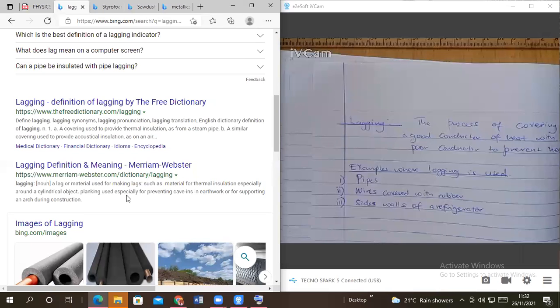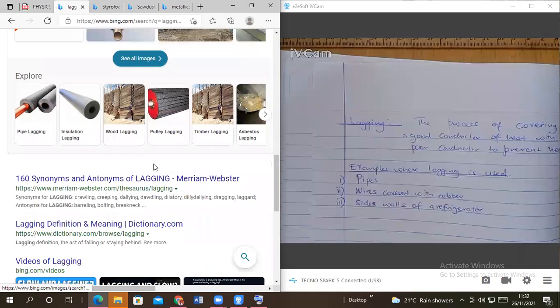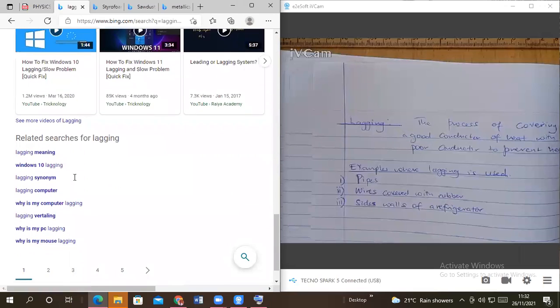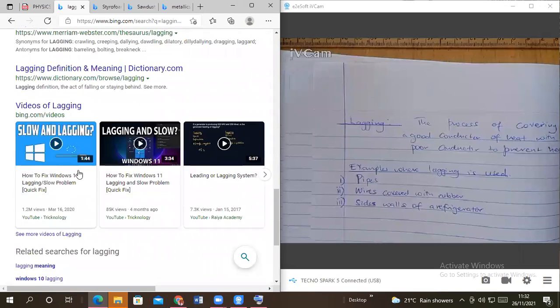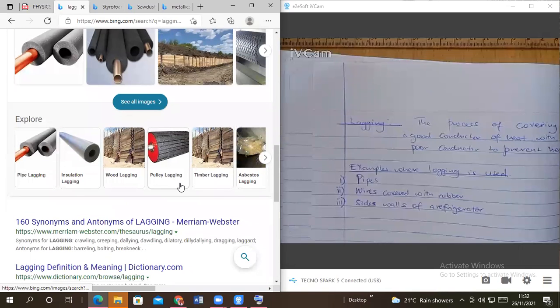Pipes, we have talked about pipes. These are also screwdrivers. The tops of screwdrivers are covered with plastic and rubber.